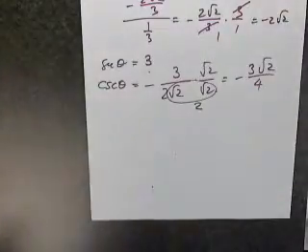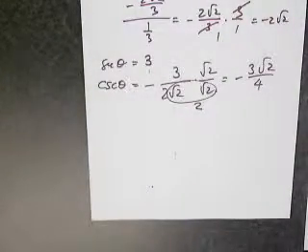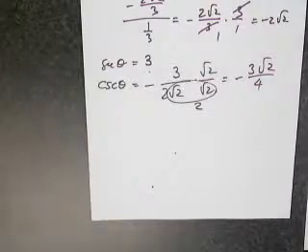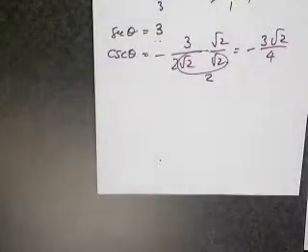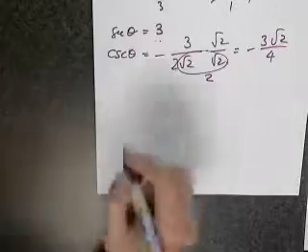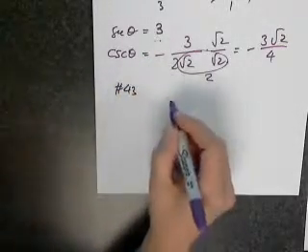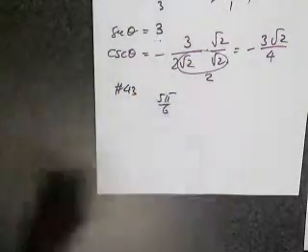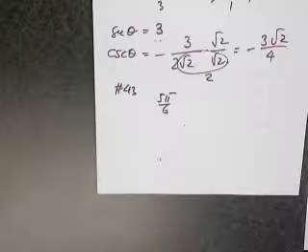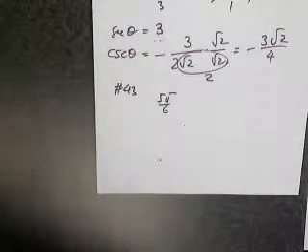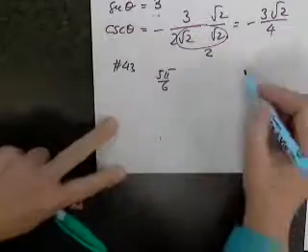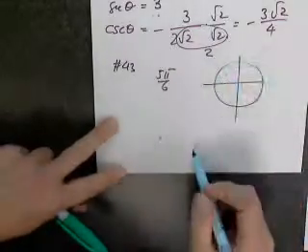Okay, very good. So now we're asked to find the reference angle. Well, we've done that, but let's do another. Let's say 43. I have 5 pi over 6. We are given an angle, and we're asked to find the reference angle. I have no idea what this is, so I'm looking at the unit circle.